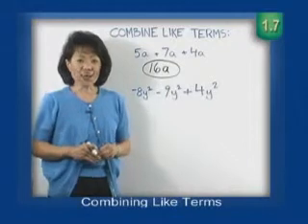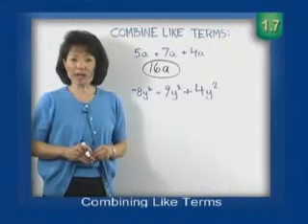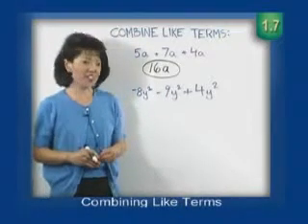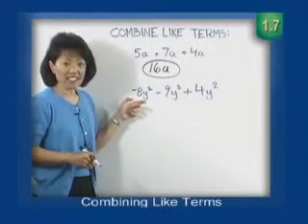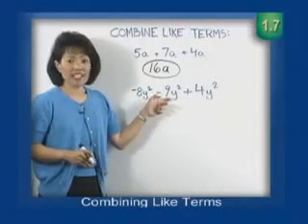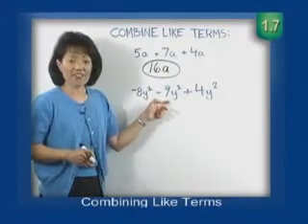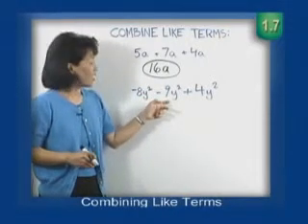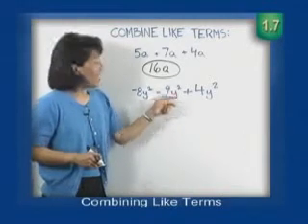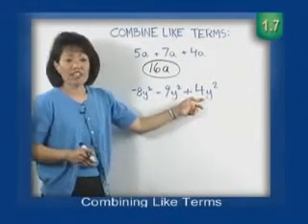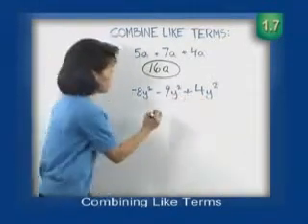Again, to combine like terms, we're going to combine the numerical coefficients. So here we have negative 8 and negative 9. Remember to add: negative 8 plus negative 9 gives us negative 17. Negative 17 and a positive 4 gives us negative 13.